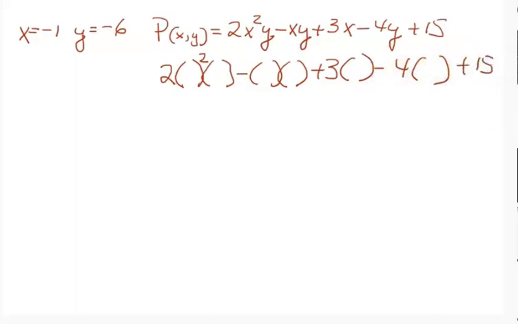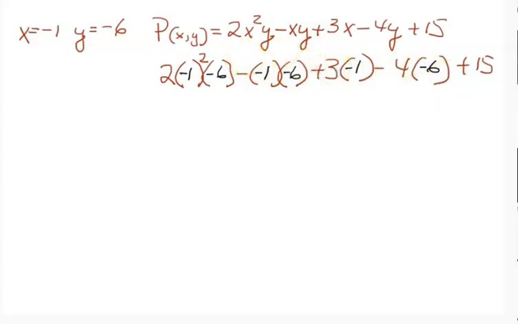Now I'll change colors, and wherever there's an x, we're going to put in a -1. So there's an x. This will be -1. Y is -6. X is -1. See, here you might say, well, there's a negative already, but no, in parentheses. Got to do that. Y is -6. X is -1. Y is -6.